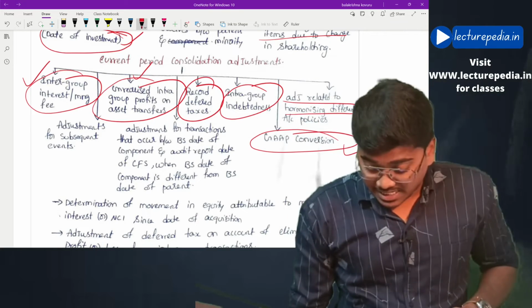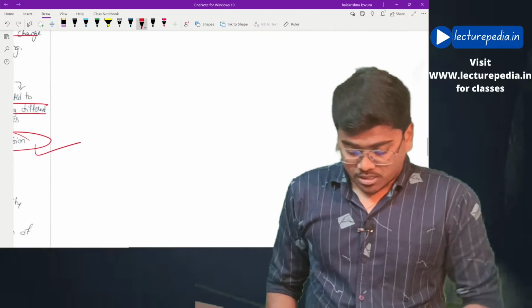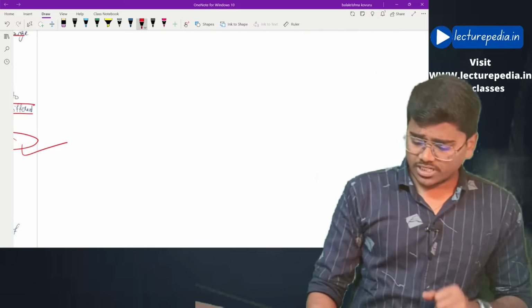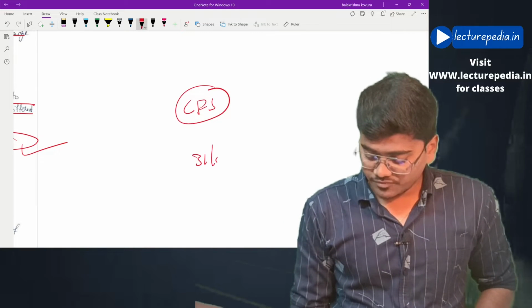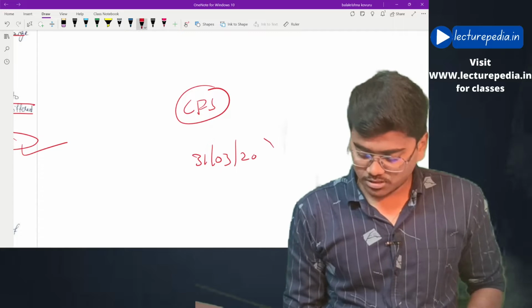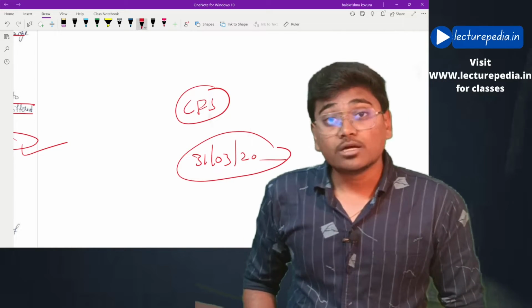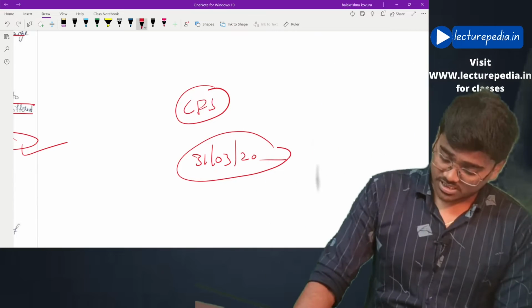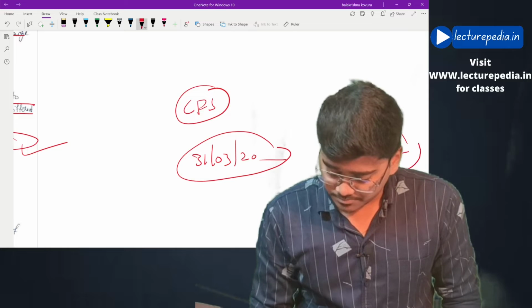Okay, next, coming to adjustment for subsequent periods. Now let's say the consolidated financial statements are prepared as on 31st March. Now the auditor gives his audit report on the consolidated financial statements on, let's say, 7th of May.